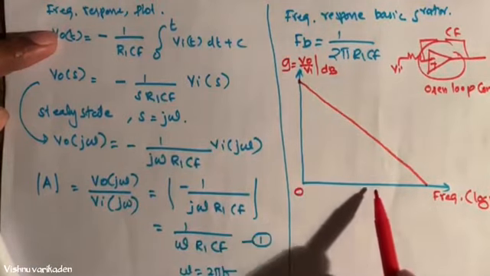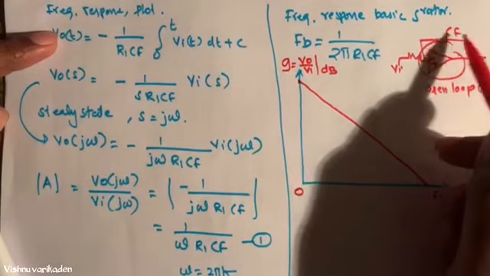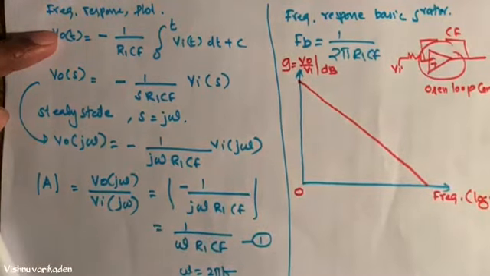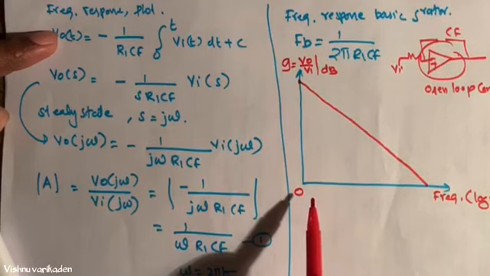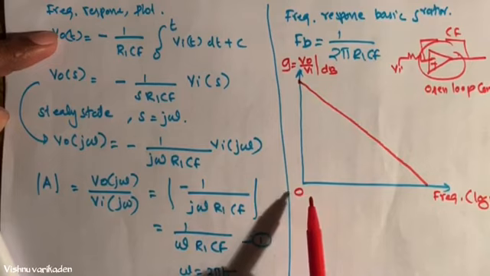Further increasing the frequency, the capacitive reactance XC is proportional to 1 by f. So as the frequency increases, XC decreases, and the gain decreases. Whenever the frequency omega is equal to 0, the magnitude of the integrator is infinity, or for DC values of the input signal, the capacitor CF acts as an open circuit.